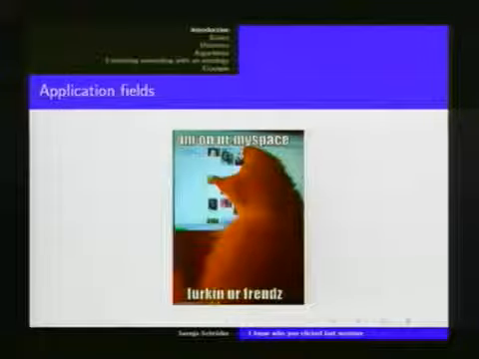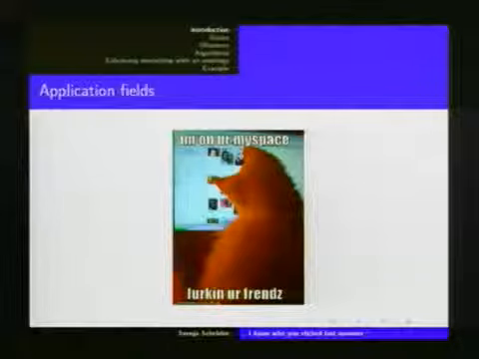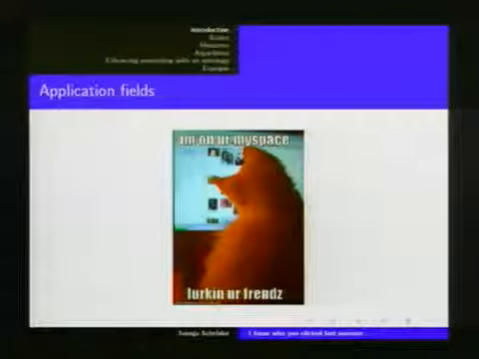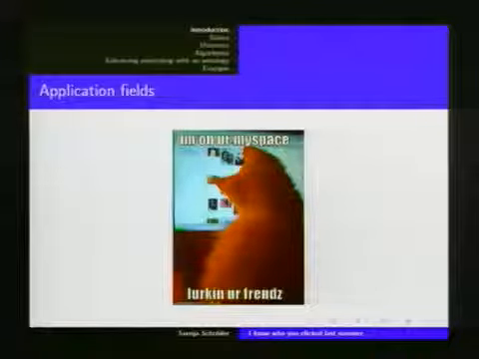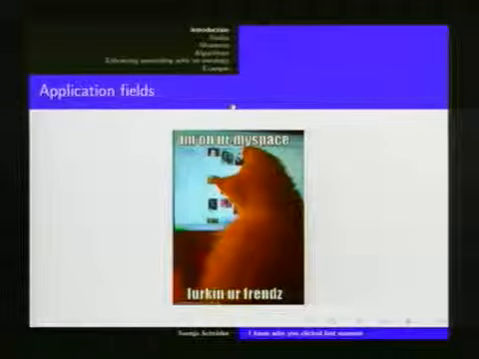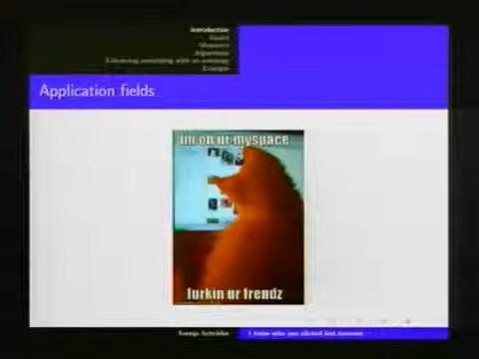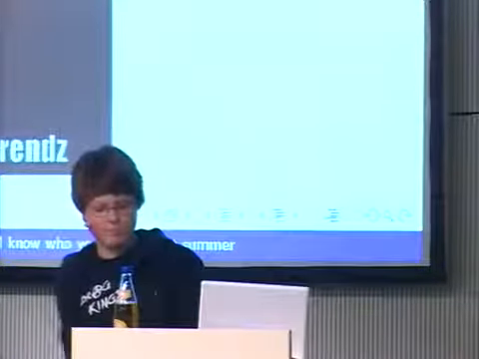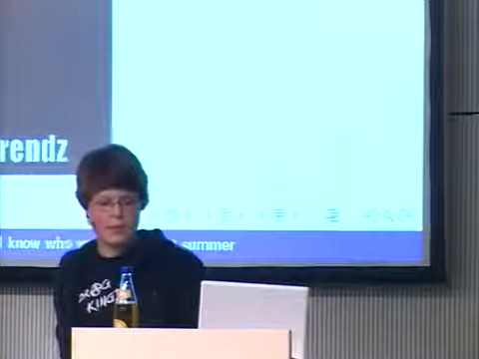Application fields. I don't know how many of you are in a Web 2.0 community, maybe StudiVZ, the German Facebook. You can see who's the friend of your friends, and you know how many other people you are connected to a person whose profile you're visiting.